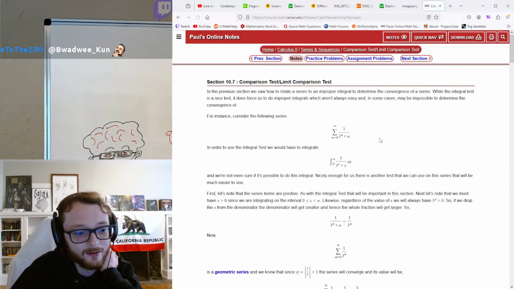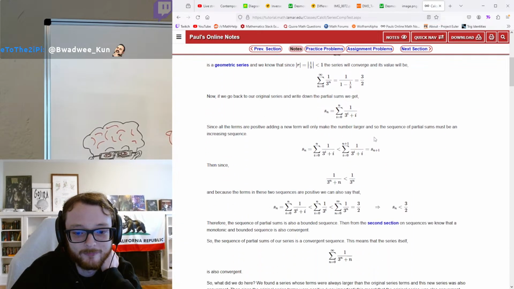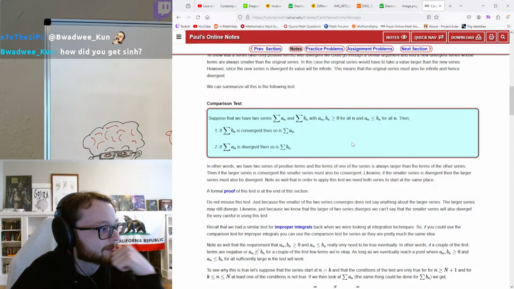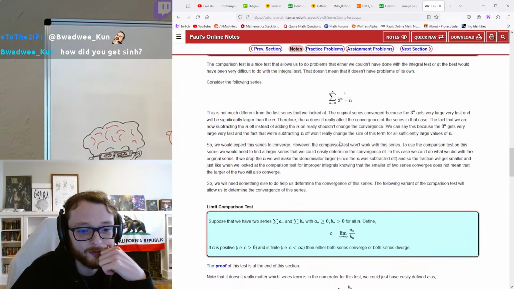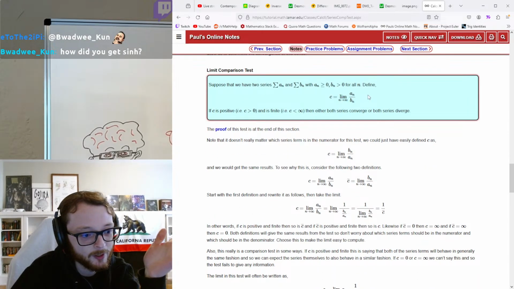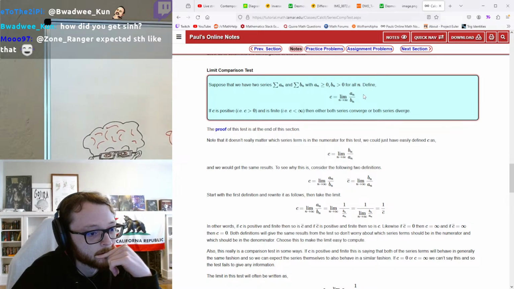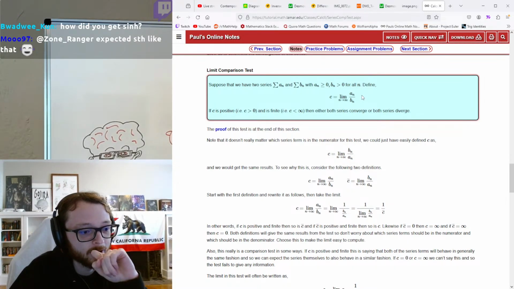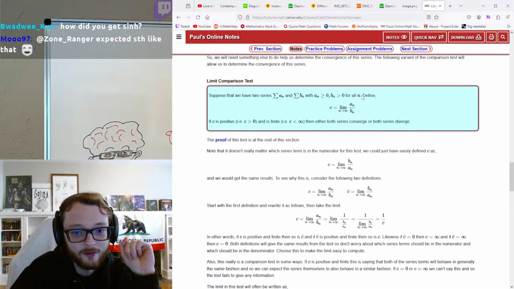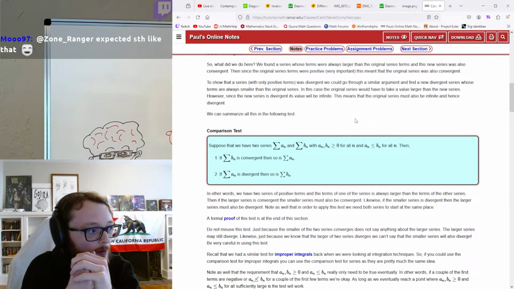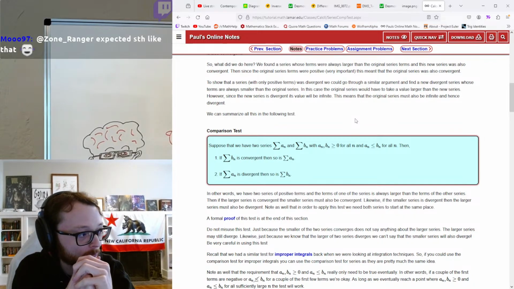Actually, let me say the limit comparison test is this thing where you set up the ratio and take the limit as n goes to infinity. We did not do that here. We did just the comparison test. And the idea of the comparison test is if you suspect the series either converges or diverges.